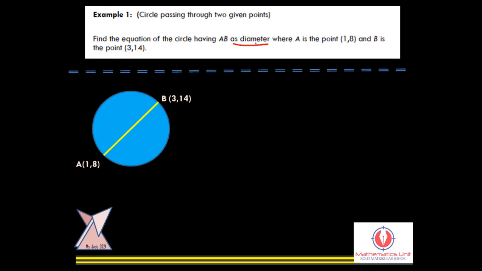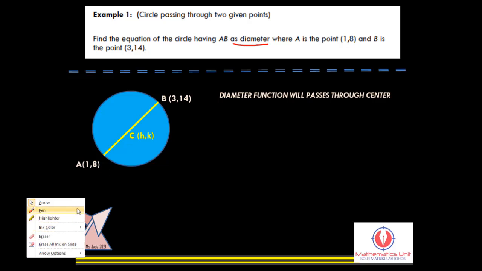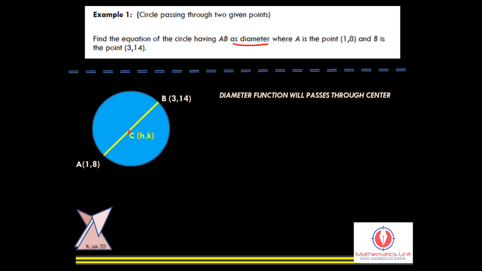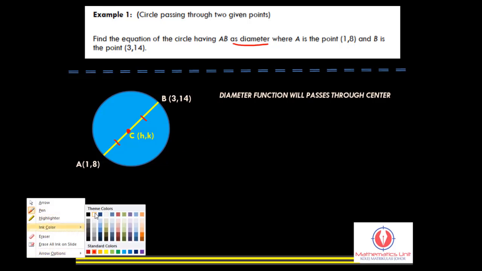When it's a diameter, we have to know that the diameter will pass through the center point (h, k). So if the center point is here, automatically we can say that the distance from the center to A and from the center to B are equidistant. Therefore, the center point is the midpoint of AB.